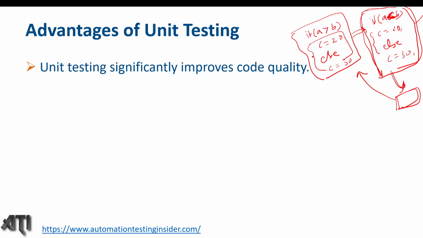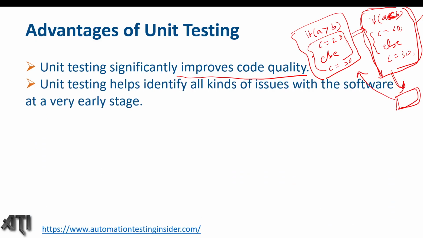So now let's talk about the advantages of unit testing. Unit testing significantly improves code quality. We apply a lot of internal structure techniques, and we do code review as well. Unit testing helps identify all kinds of issues with the software at a very early stage.